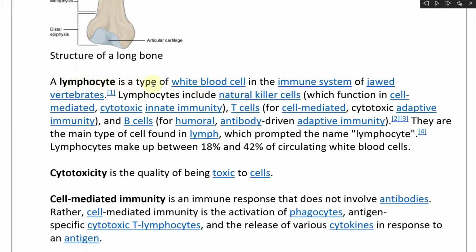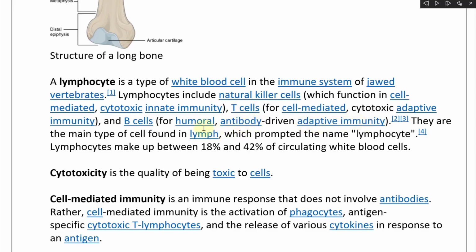So a lymphocyte is a type of white blood cell in the immune system of jawed vertebrates. Lymphocytes include natural killer cells which function in cell-mediated cytotoxic innate immunity, and T cells for cell-mediated cytotoxic adaptive immunity. So that's T cells, natural killer cells for innate, T cells for adaptive, and B cells for humoral antibody-driven adaptive immunity.